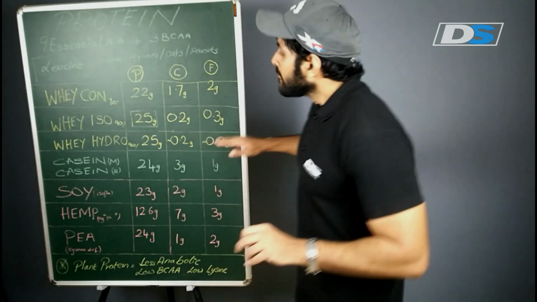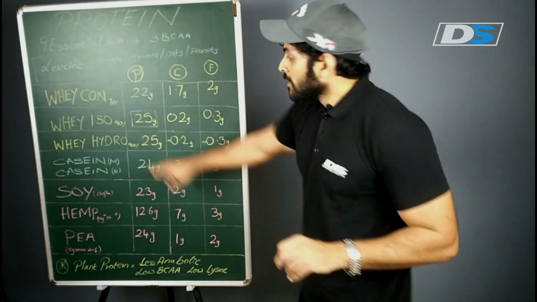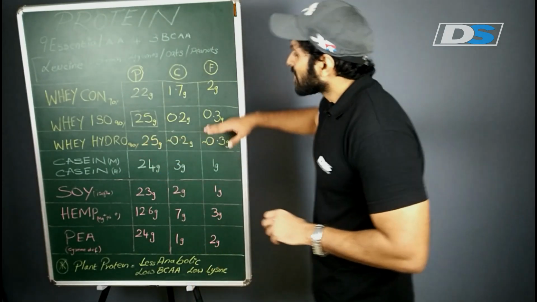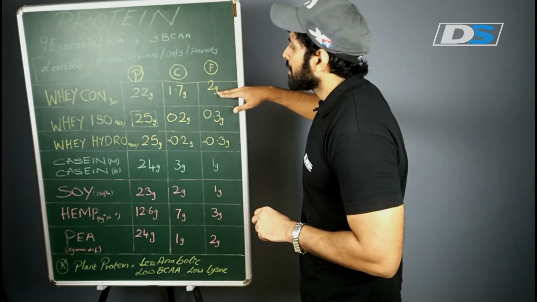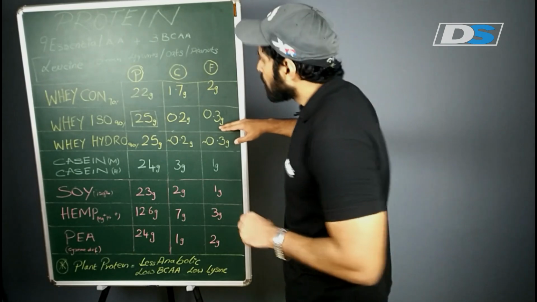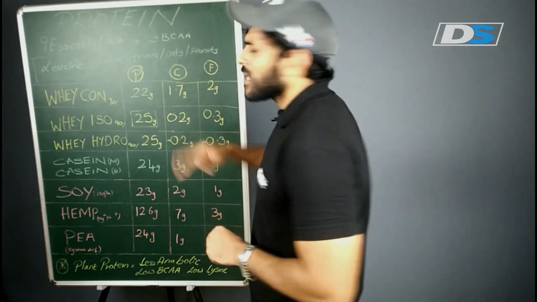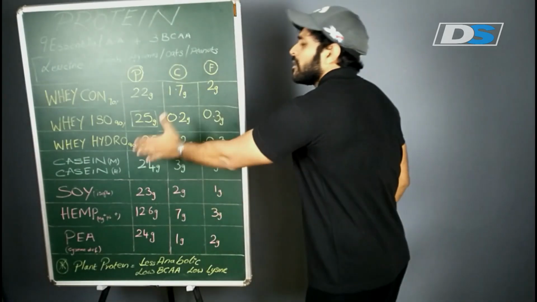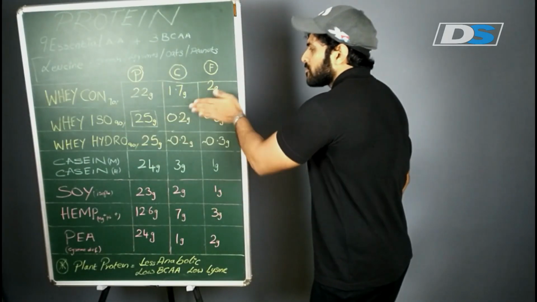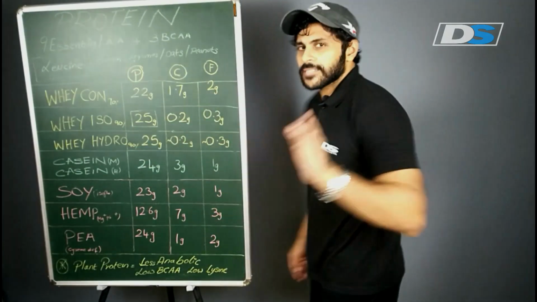So it's a really fast absorbing protein. That one is really expensive, this is less expensive, and this is the cheapest. So you start from here if you're a beginner. Once you've got the bulk, you move to isolate, and hydrolyzed is for specialized conditions. So it's not for the majority of people. So you stick to your isolates. It's a good choice.